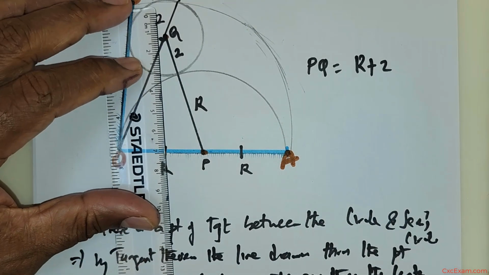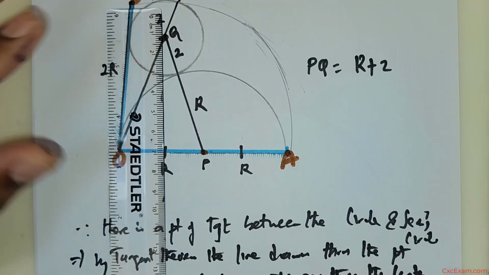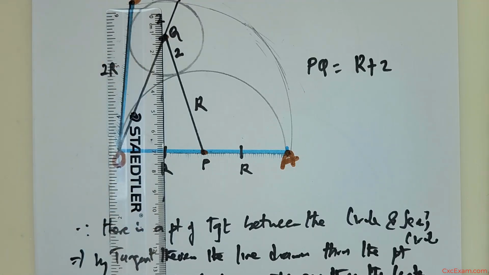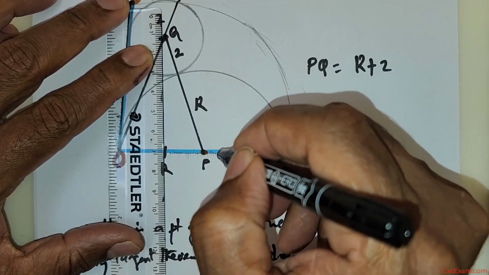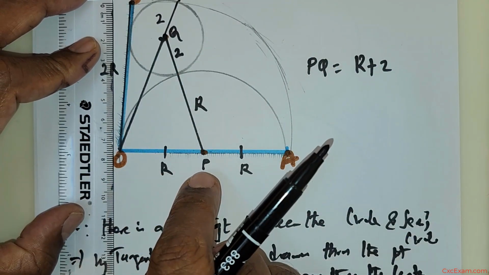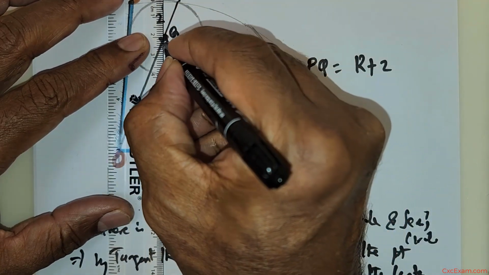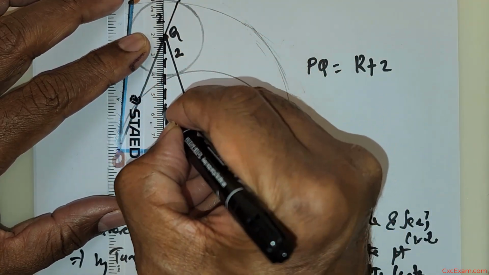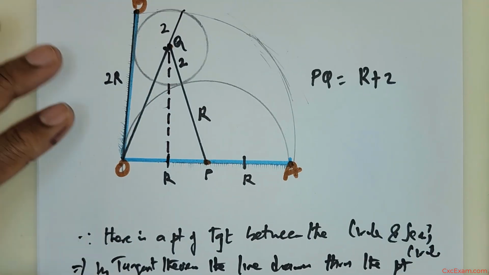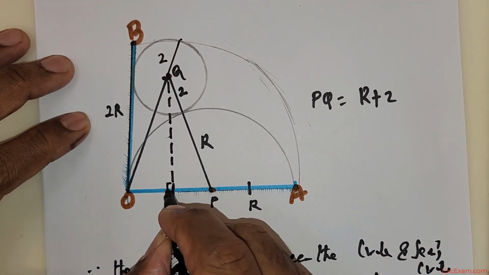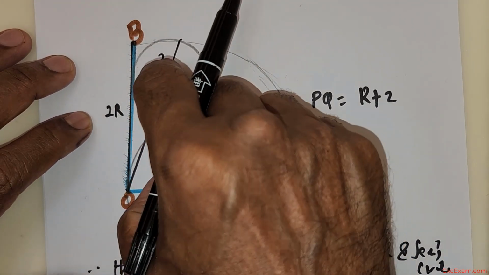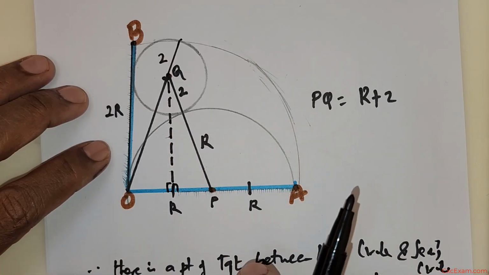Now you drop a perpendicular. If I were to drop a perpendicular, then that perpendicular will be the bisector dividing OP into 2 parts. So I'm going to be dropping this. Okay, so this is 90 and this will also be 90. This will be the height of the triangles.